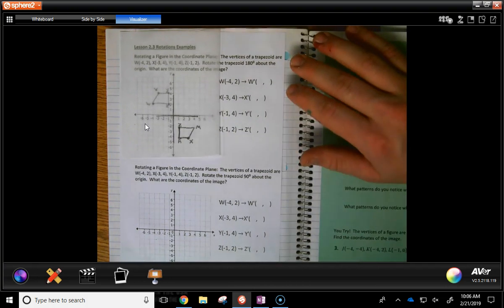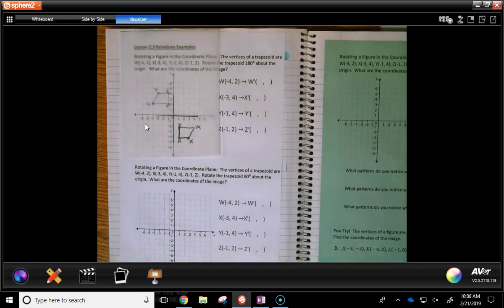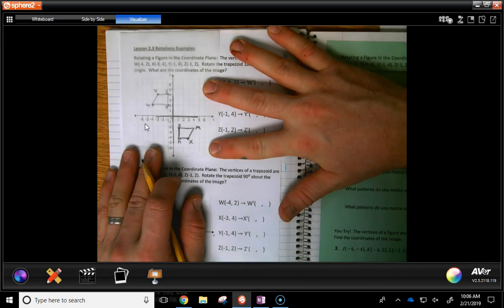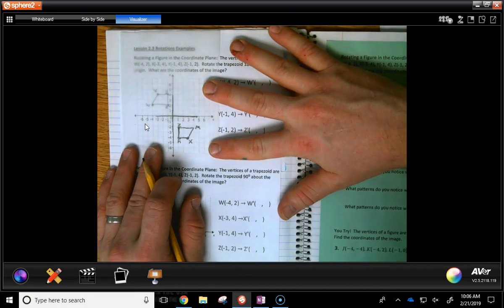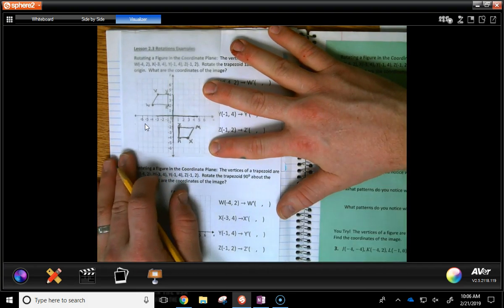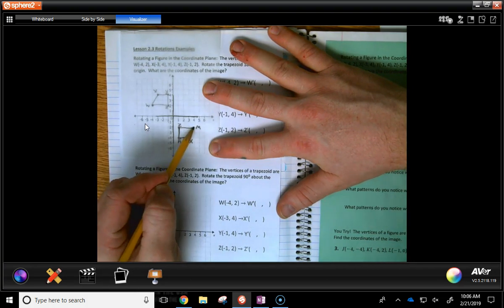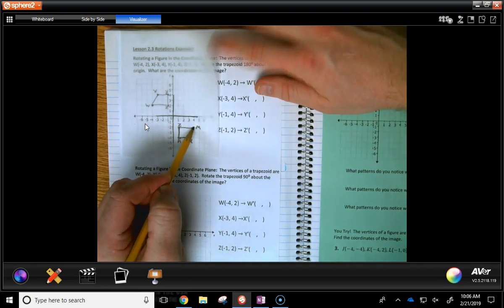So, look at yours, and who can tell me what is the coordinates for W? Where is W? So W's here. You do your x-axis first.